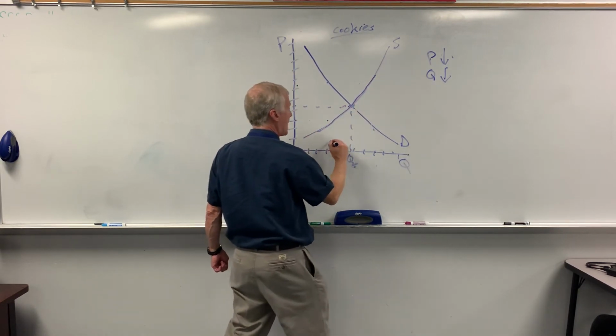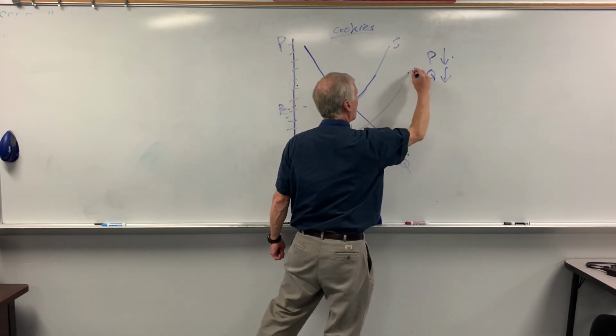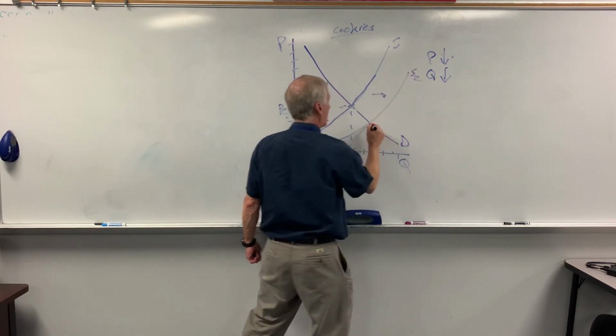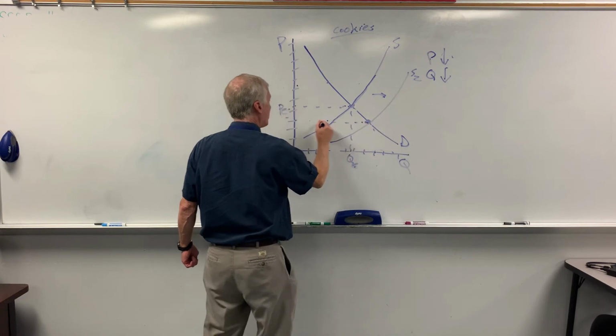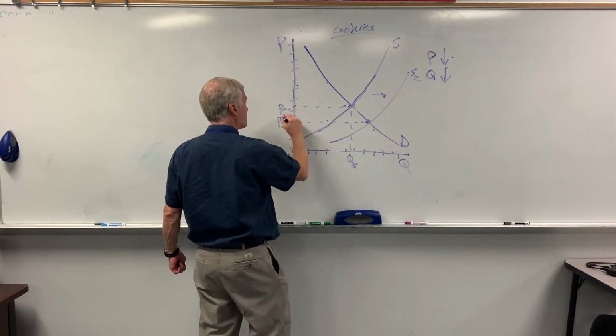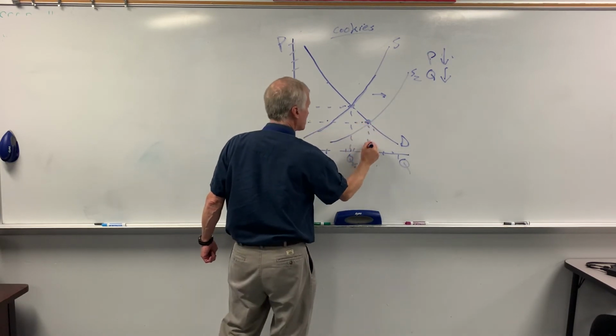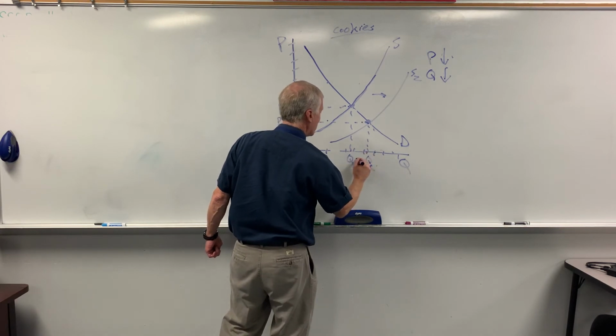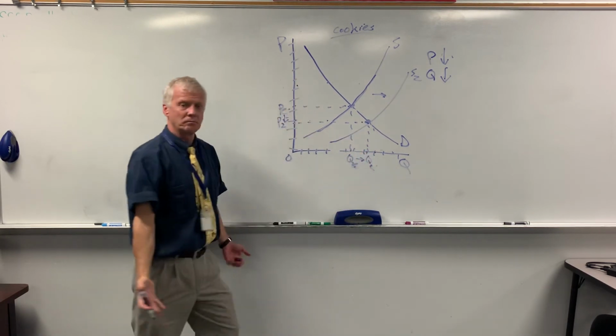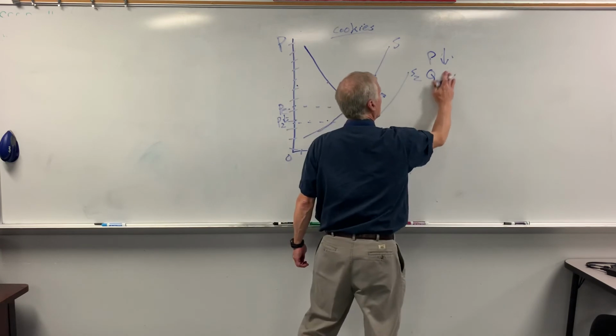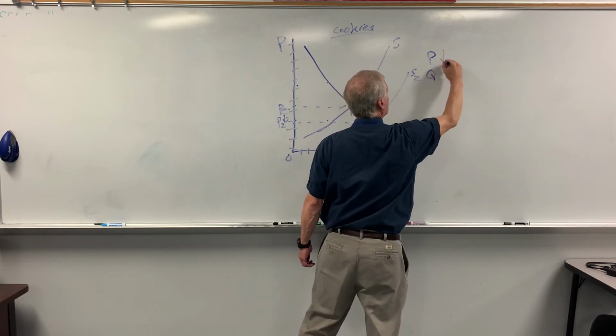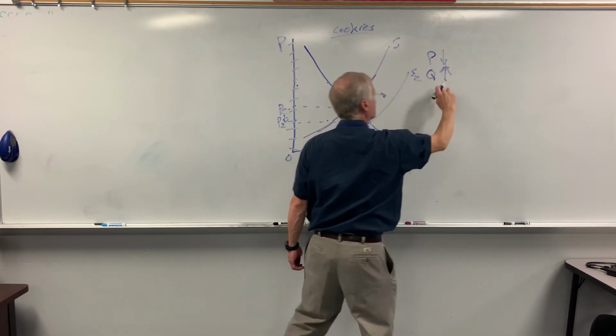So an increase in supply, we shift to the right. Oh, with an increase in supply, we now see that the price went down. With an increase in supply, we see that quantity increased. So, in this case, with an increase in supply, price decreased, quantity increased.